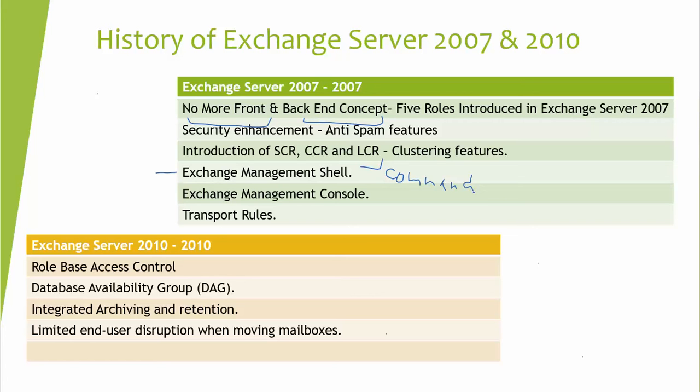And then they also had the Exchange Management Console, and this console was just to load your Exchange Server 2007 like a Microsoft Management Console that you have. And then they also had transport rules, where you were able to configure different rules.